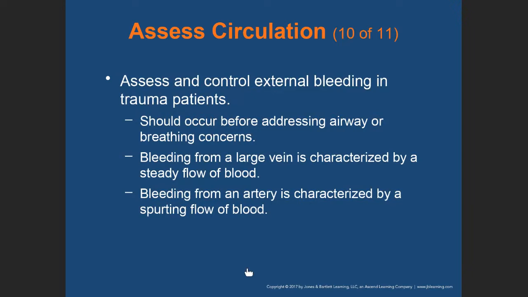Now, bleeding assessment is a part of your circulation assessment, and it can come before you do the other checks in circulation, or it can come after. I prefer to do a bleeding evaluation early before doing anything else in circulation.